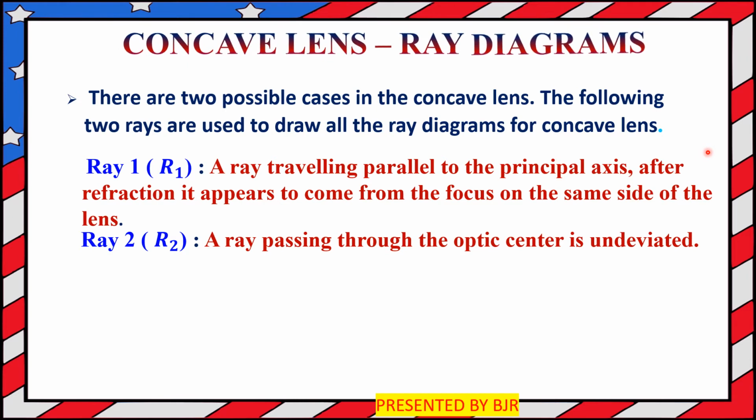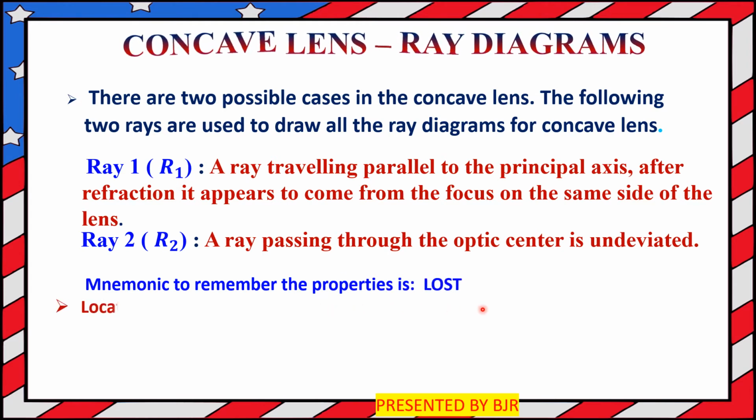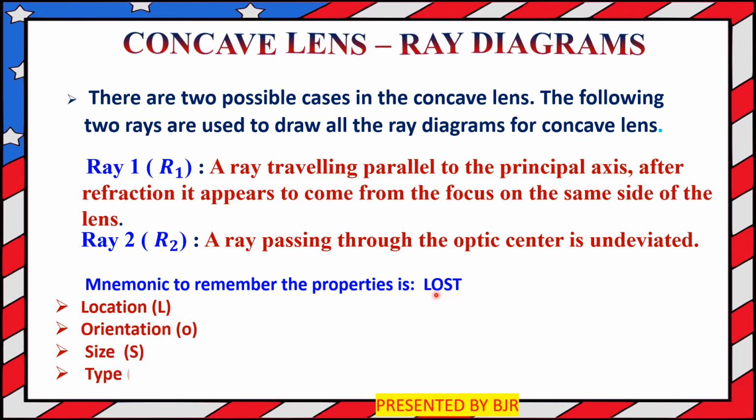L means location, O refers to orientation, S refers to size, T refers to type. Location means where the image is formed, isn't it?